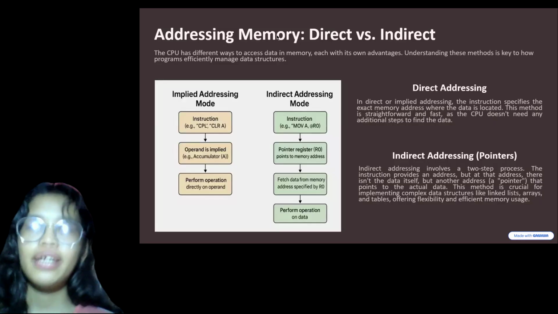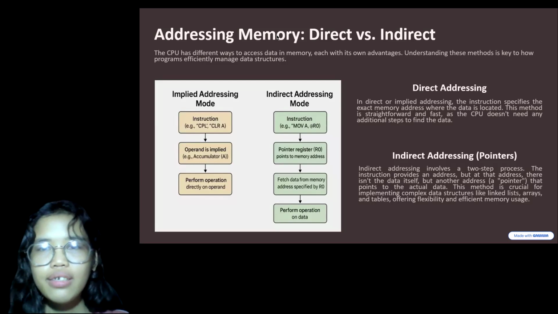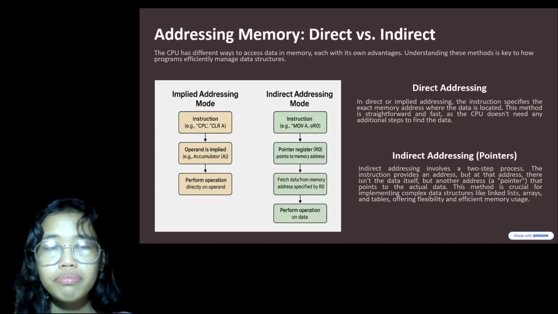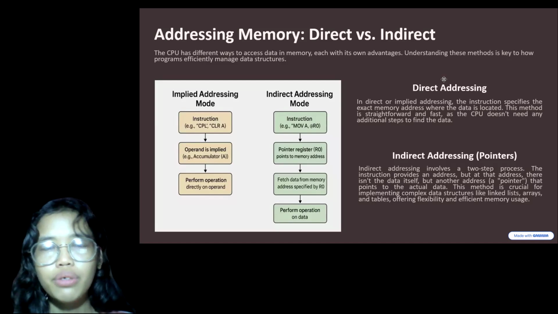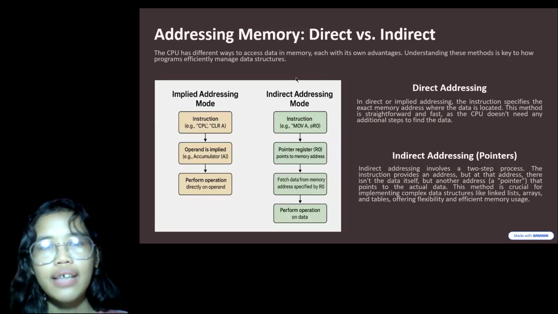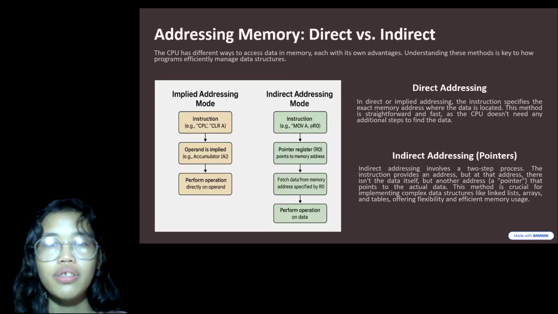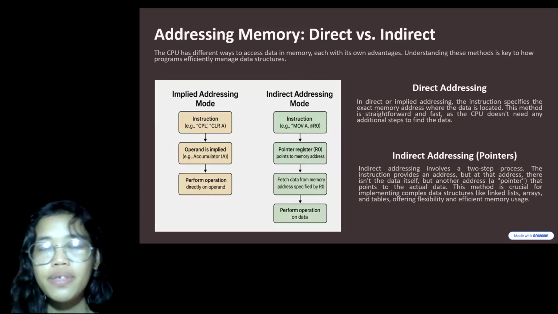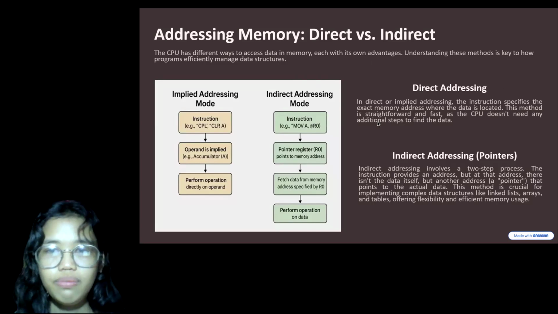So now we are here with addressing memory, and we have two different ways of accessing the data in memory, which are direct and indirect. Understanding these methods is key to how programs efficiently manage data structures.